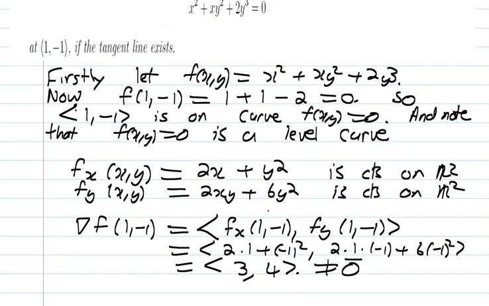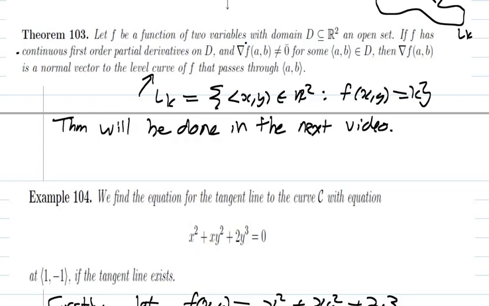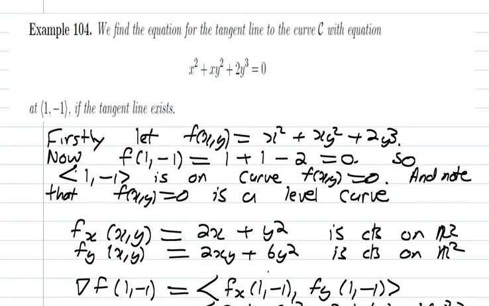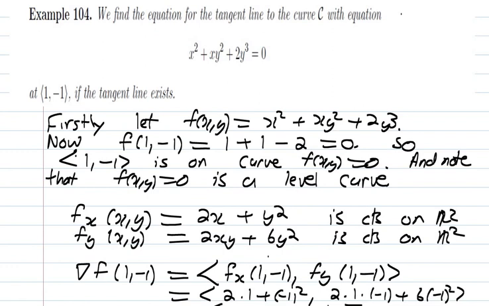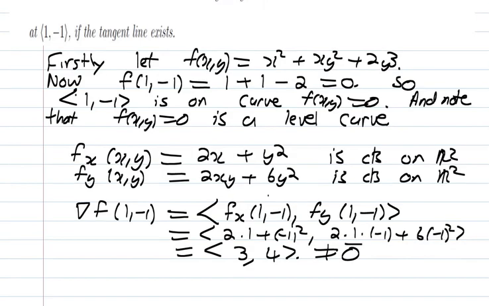So this is now important because now I have another peek at theorem 103. Then grad f is a normal vector to the level curve of f at the point (a, b). All right. So we want to find the equation of the tangent line at the point (1, -1), if the tangent line exists.